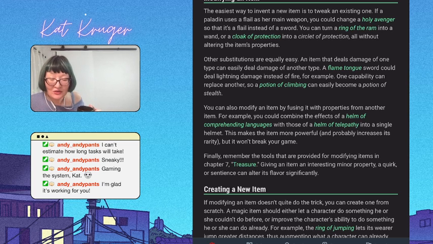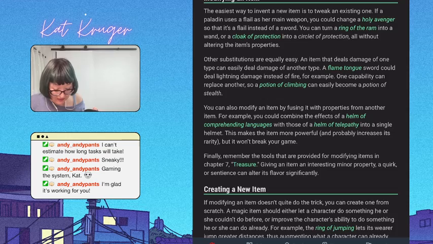So, if we wanted to change the staff of the adder to be an armband of the adder or armband of the poisonous snake or serpentine's armband or whatever you want to name it, we could just do that. And then we would have a magic item that does specifically the things that are listed there, or reflavored so that it does a different type of damage or looks different.